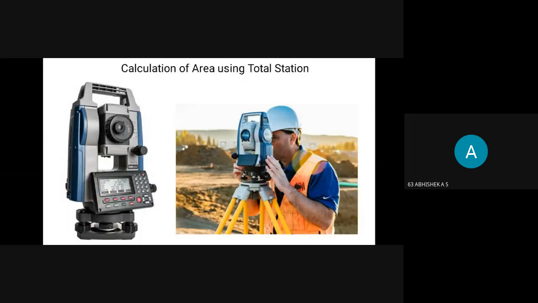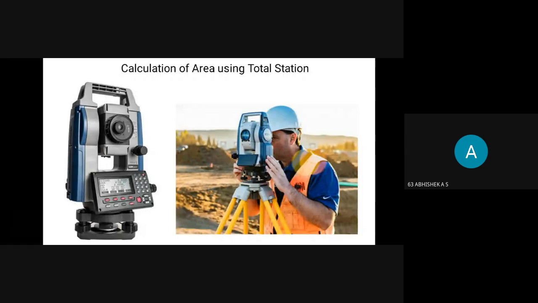So total station is a surveying instrument. It is actually a modern instrument. It is a combination of an EDM and an electronic theodolite. These are two other instruments used for surveying.